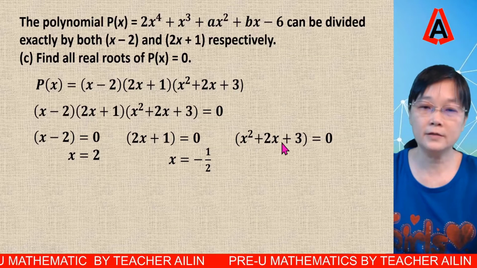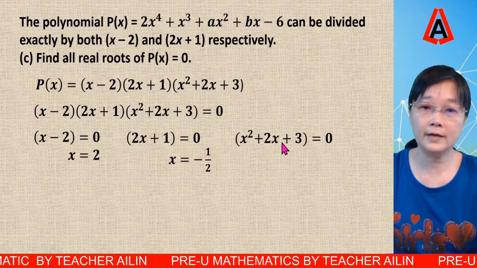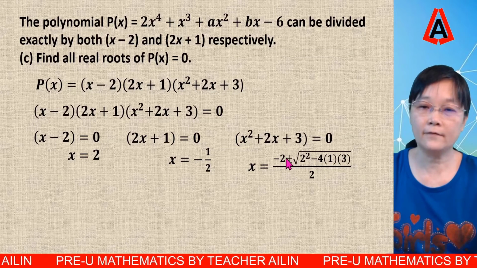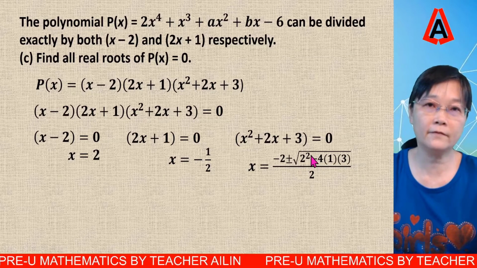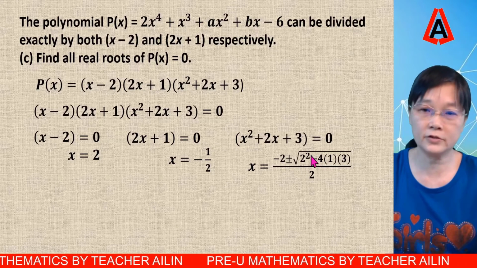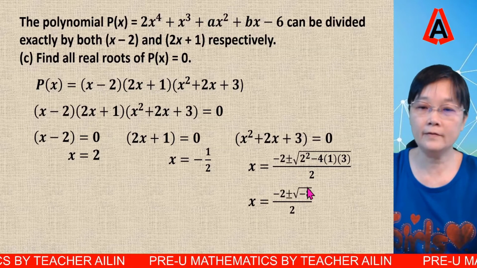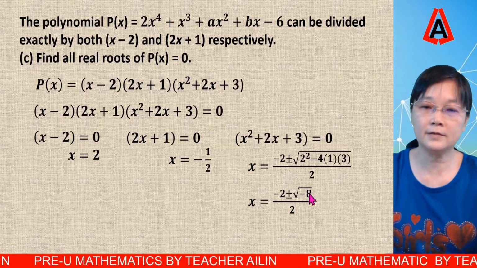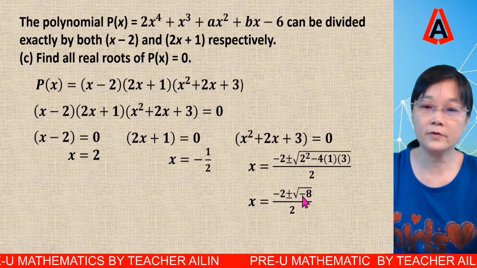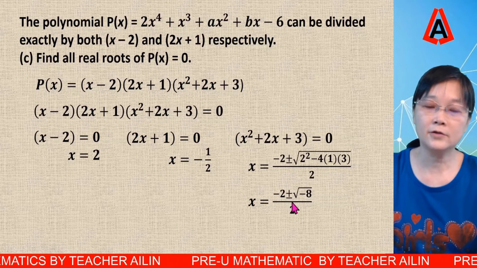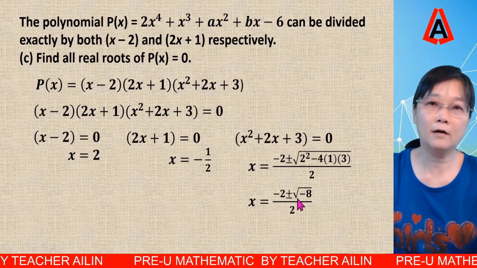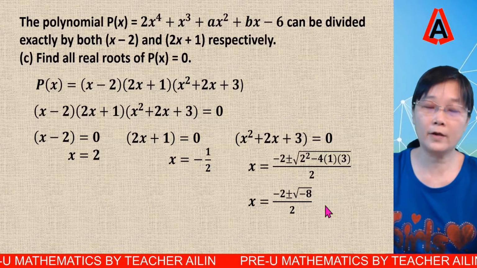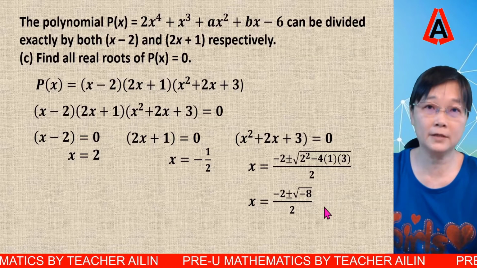Now for this one, to find the values of x, I'm going to use the formula for finding the values of x of a quadratic equation. When I simplify, I find that this is the square root of negative 8. When this is the square root of negative 8, actually this is a complex number, which we are going to learn in chapter 3.